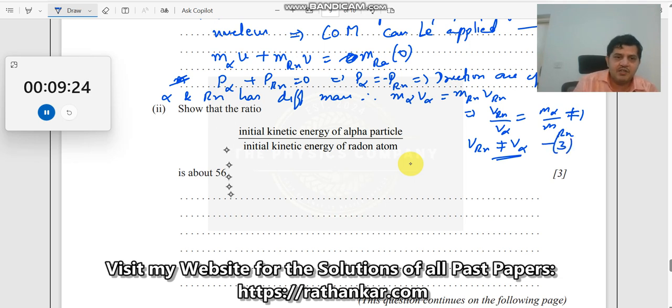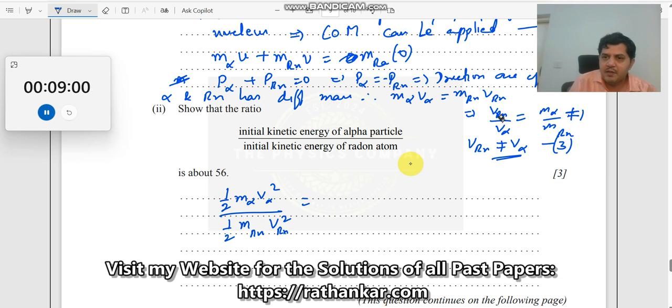Then, show that the ratio of initial kinetic energy of alpha particle to initial kinetic energy of the radon atom is about 56. So, what is this? This is half m alpha v alpha square divided by half m radon v radon square. Okay, that's what you need to find. Now we already know from here v radon by v alpha is m alpha by m radon.